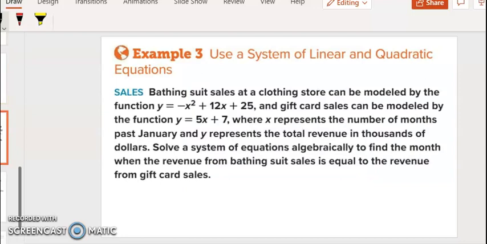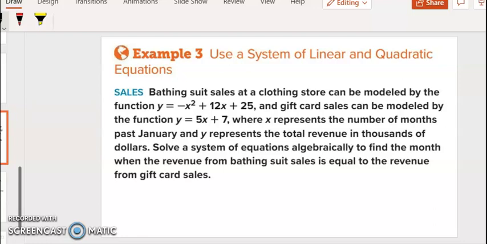So here is an application problem. It says bathing suit sales at a clothing store can be modeled by the function, and it gives you an equation. And gift card sales can be modeled by this linear equation. X represents the number of months past January, and Y represents the total revenue in thousands.